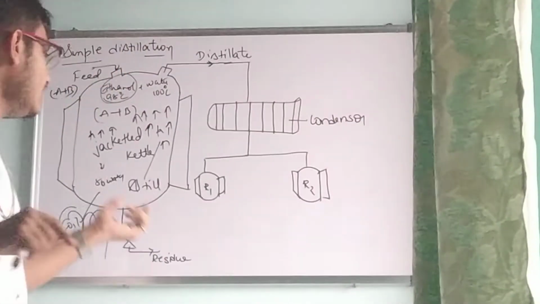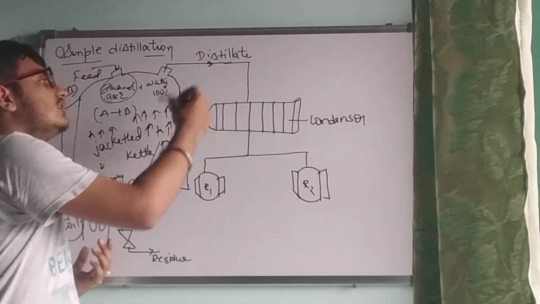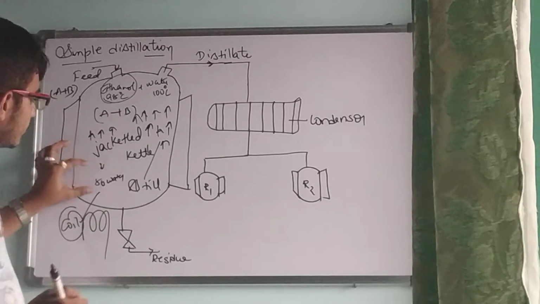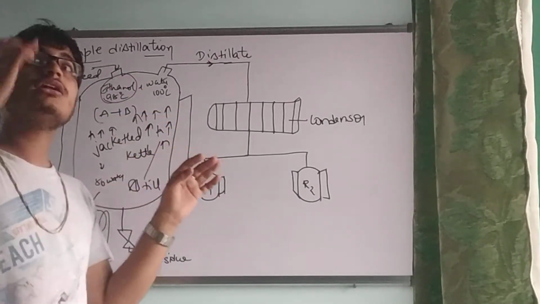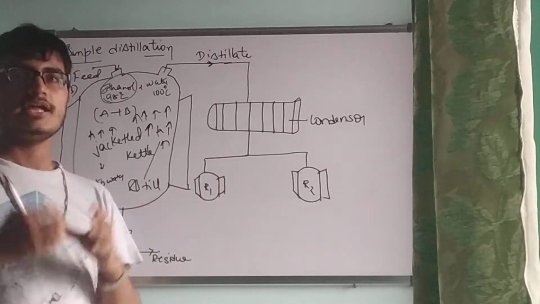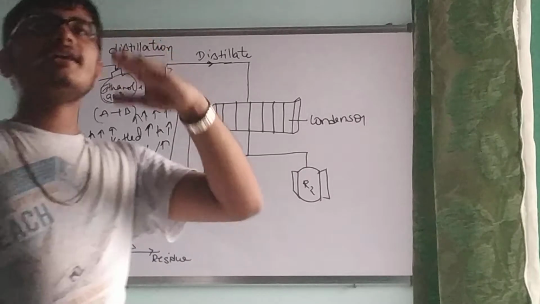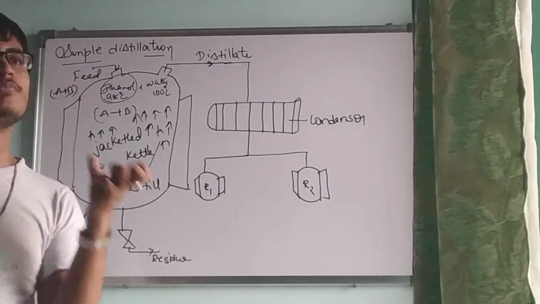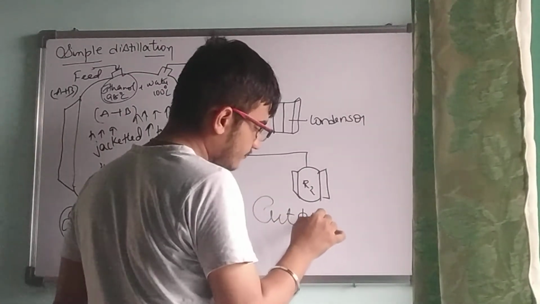That means here in ethanol-water, as the distillation is proceeding, some amount of water also starts vaporizing. When the ethanol content is decreasing and the water content is increasing in the vapor, in that stage, whatever products you get are known as cut products.